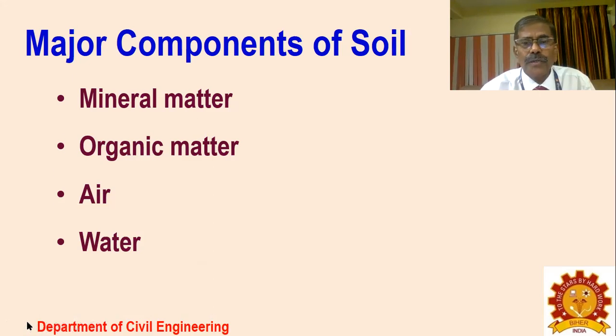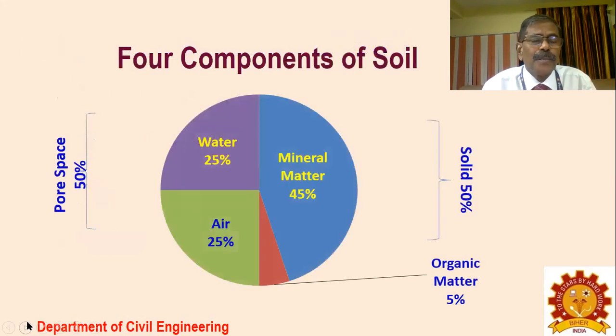So if you look at it, the pore space is 50% in any component of the soil. There are four components of the soil, as I said earlier. There is mineral matter, which contributes 45% of the soil. Water may be 25%, air, entrapped air, is 25%.